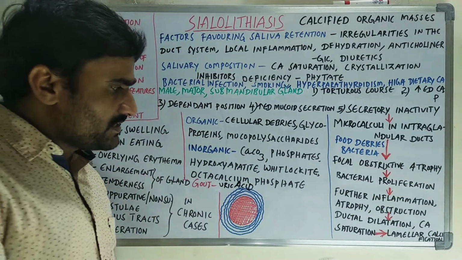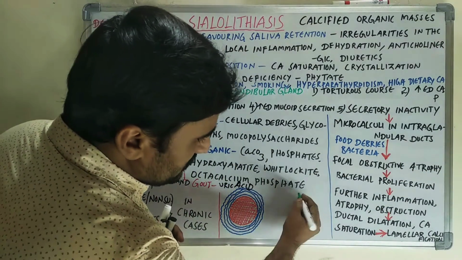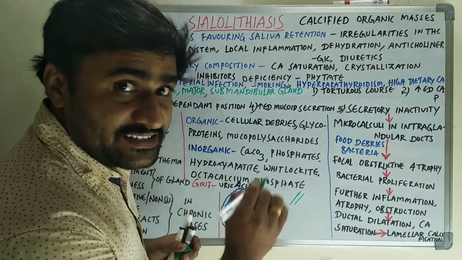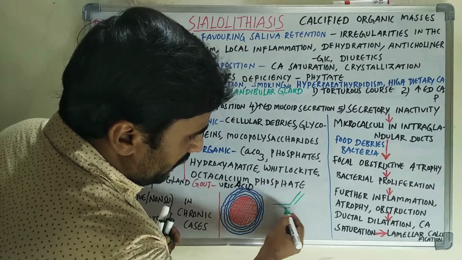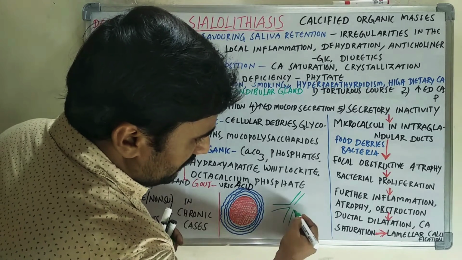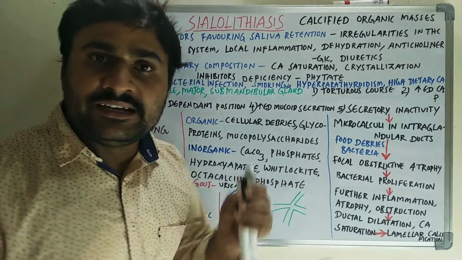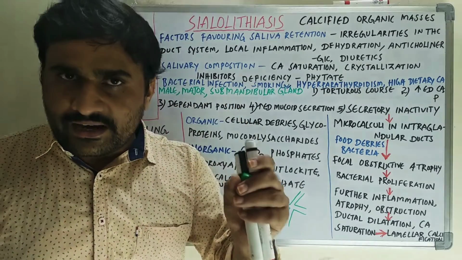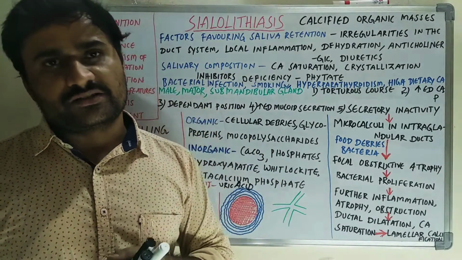That means you can see here the glandular system has one large duct that is called the excretory duct, and we have numerous small ducts. Those are called intercalated ducts, and then striated ducts, right?